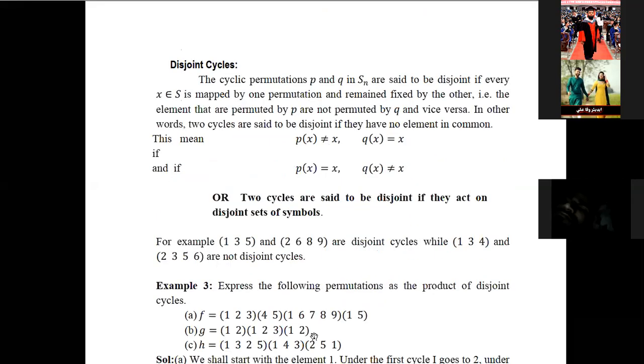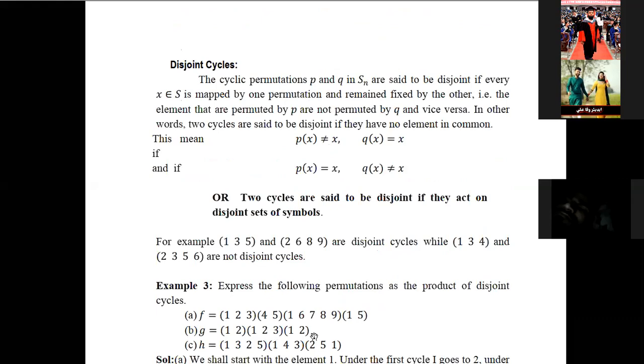Now disjoint cycles. What is a disjoint cycle? The cyclic permutations P and Q in Sn are said to be disjoint if every x is mapped by one permutation and remains fixed by the other permutation.